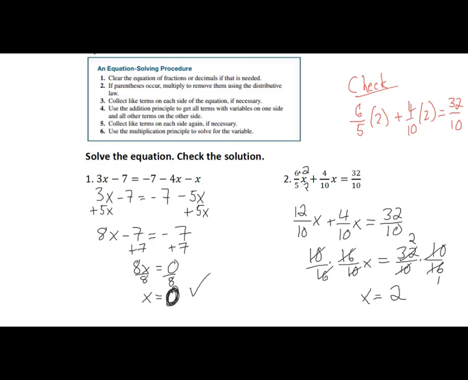But since these are over 10, I'm going to make this over 10 as well. So 12 over 5 would become 24 over 10. 4 times 2 is 8 over 10 equals 32 over 10. And then you can see 24 plus 8 gives you 32. All 10s on bottom. So I know that that is correct.